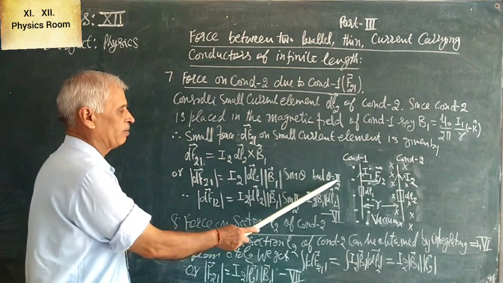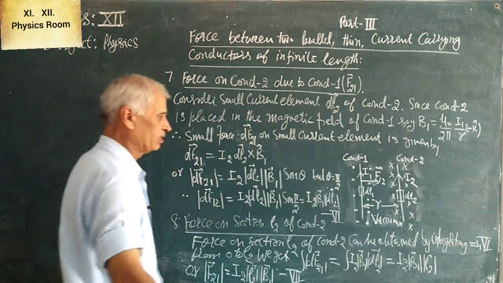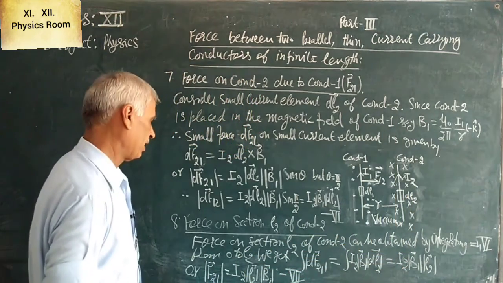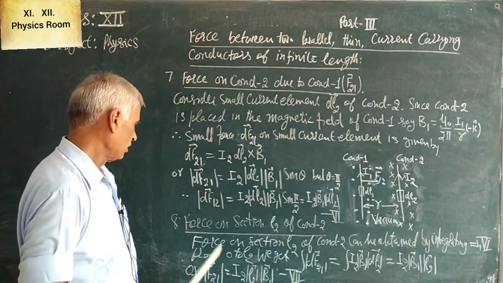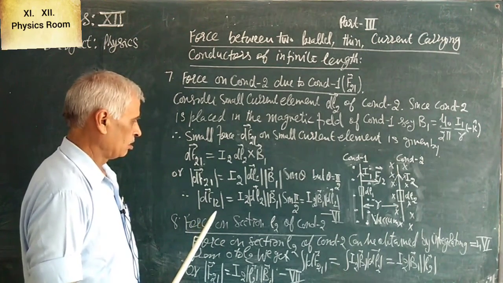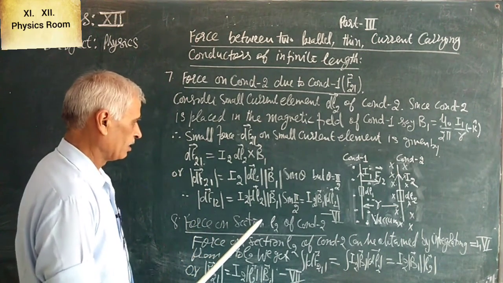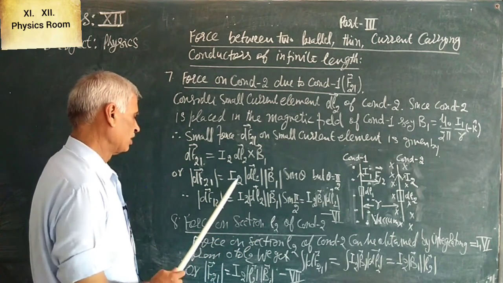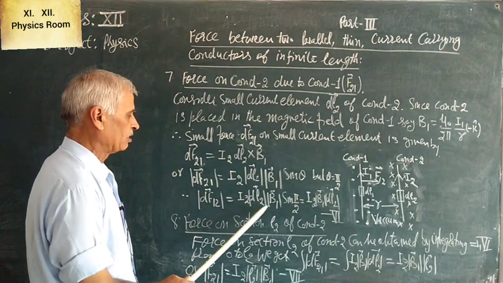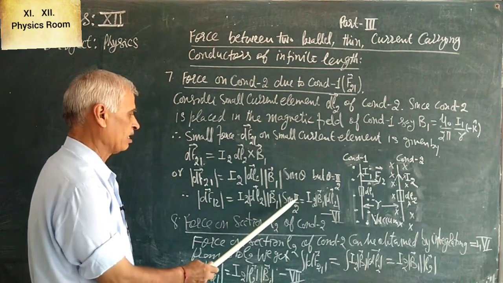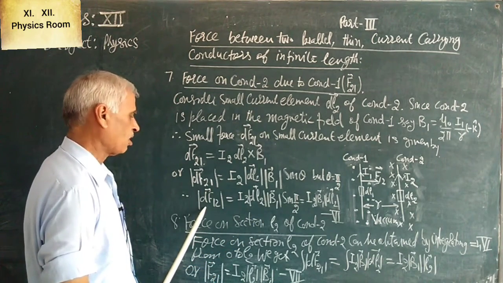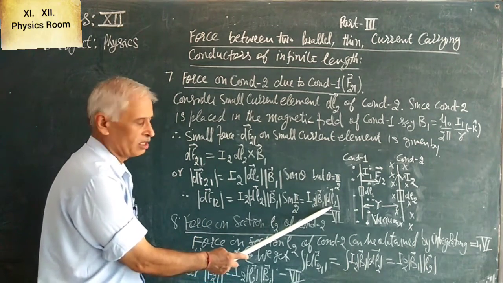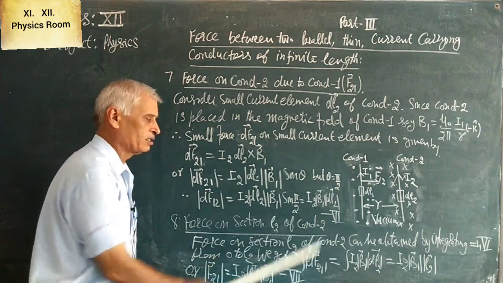But theta is again pi by 2, because the field is directed inward and the current is going upward. So it can be written as I2 dL2 B1 sin pi by 2, and sin pi by 2 is 1. So we write mod dF21 equal to I2 B1 mod dL2. Let us mark it as equation number 6.